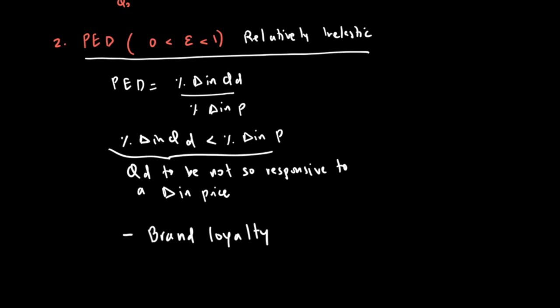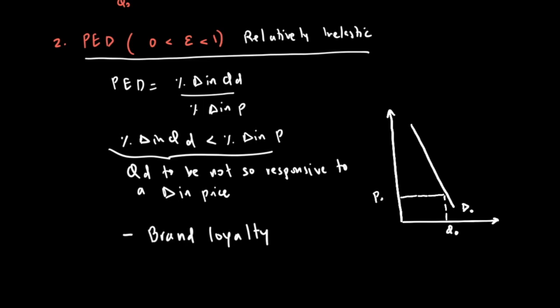So when we draw a curve where the demand is inelastic, we try to make a curve which is very steep. A linear curve which is very steep would be what we call inelastic in demand. Look at this, guys: even if the price goes up by a lot, let's say this is P naught and Q naught, and the price goes up by 20%, the quantity is changing by less than the change in price, only by less than 10%.